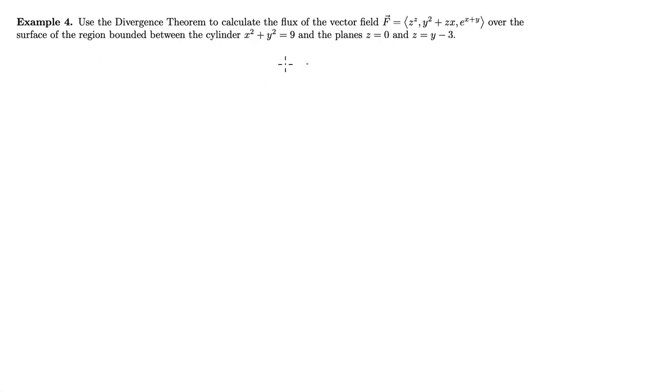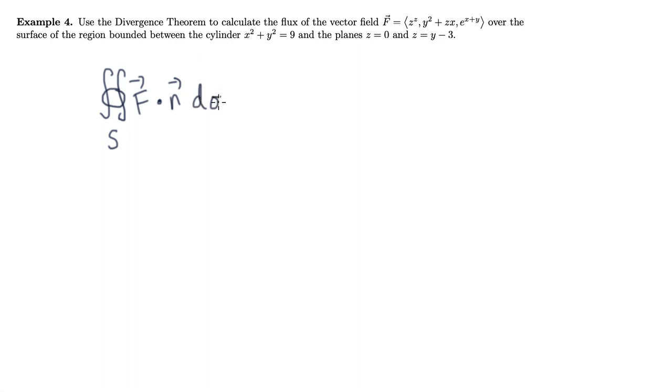Alrighty, so again, what we're looking for is the flux out of this region, or across this surface that's the boundary of this region, of this vector field, which is technically a surface integral, but we don't want to do that. That's hard.